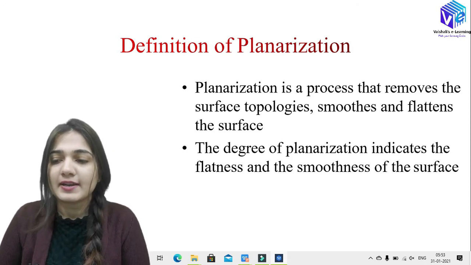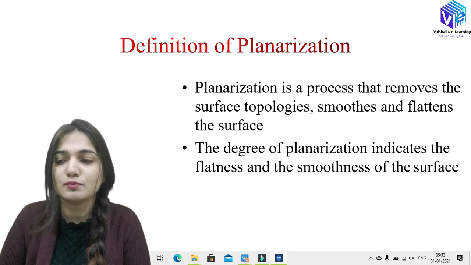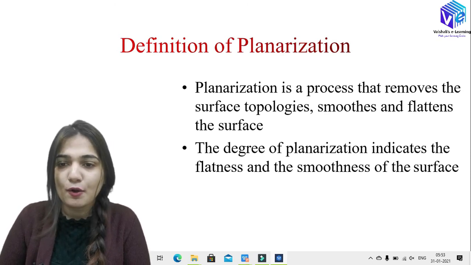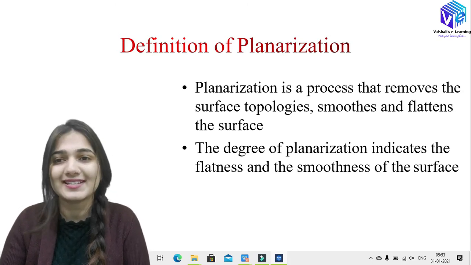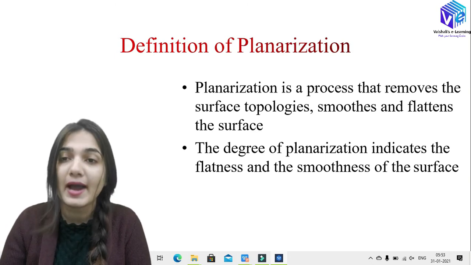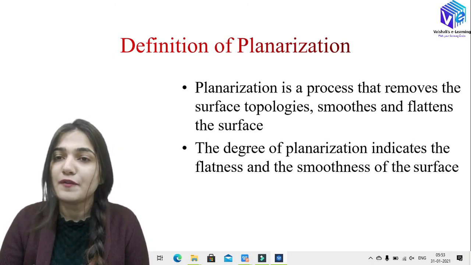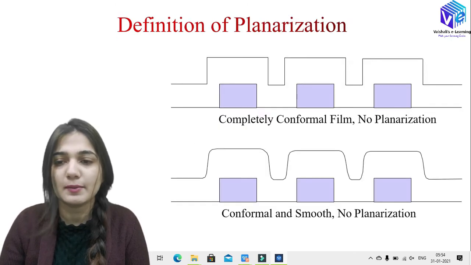The degree of planarization indicates how flat or how smooth my surface is. Okay, so this is how I get the planarization definition, right? Now the definition of planarization should be clear.